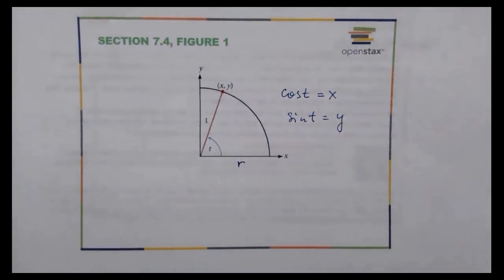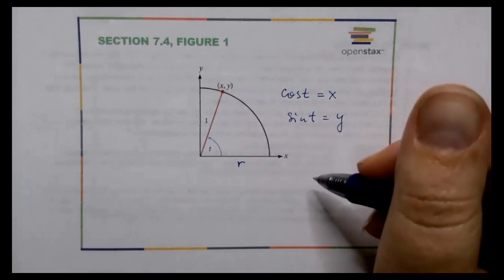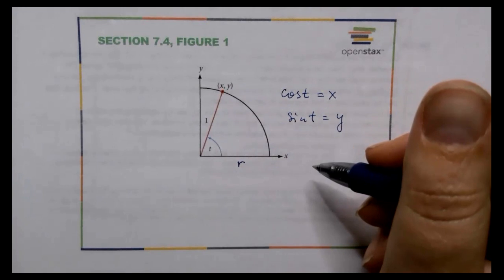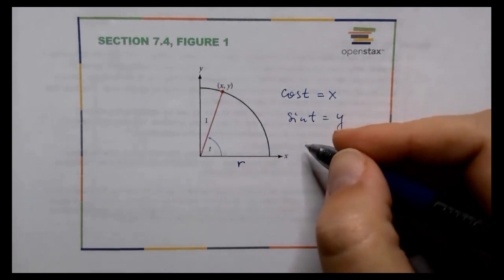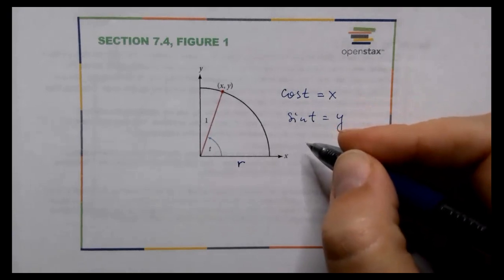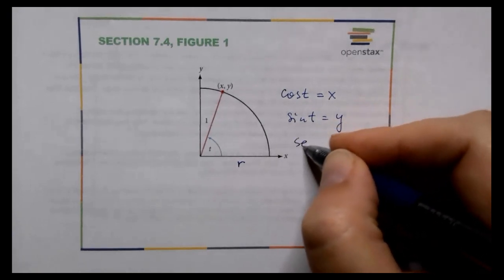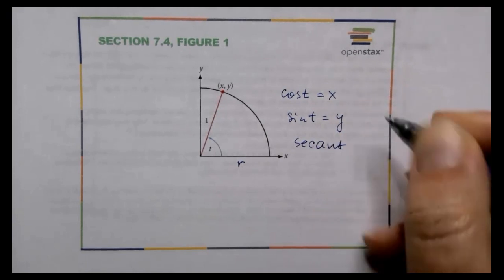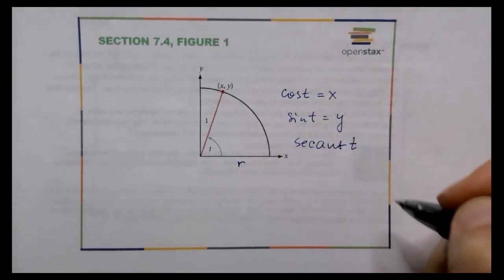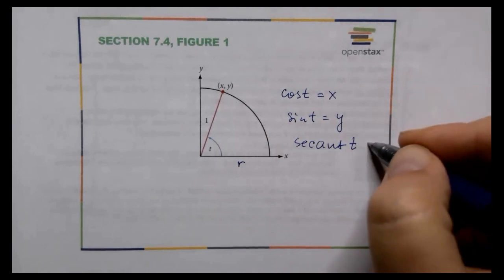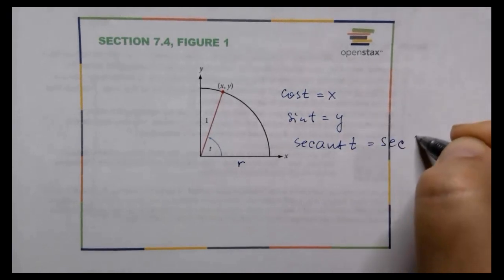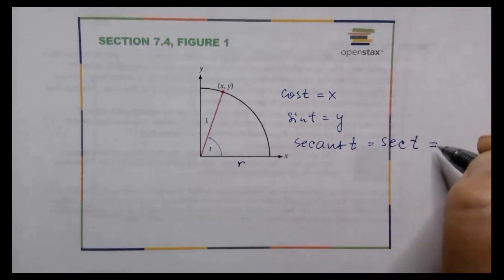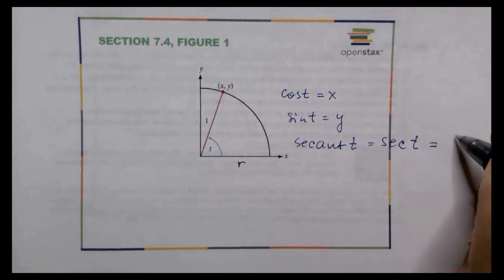Let's recall the definitions of the rest of the trigonometric functions of that angle. The first one is secant. For short, we write it as sec t, and secant is 1 divided by cosine of t.